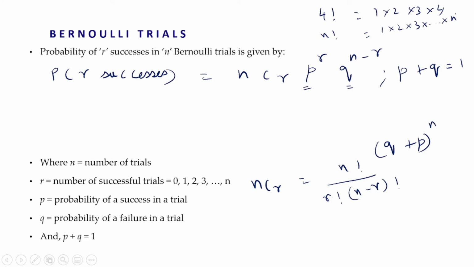So this is the meaning of factorial. nCr is given by n factorial by r factorial into (n minus r) factorial. So the probability of r successes is calculated using this formula, and we know the meaning of all the other terms.